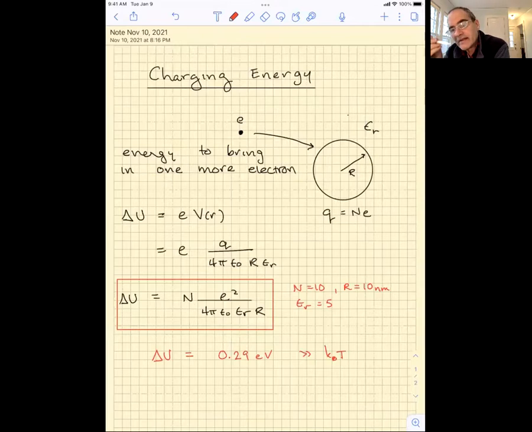So that means that the state with 10 electrons on the quantum dot and the state with 11 electrons on the quantum dot are distinct enough that they're distinct from each other even at room temperature. Electrons aren't going to just randomly fluctuate back and forth on and off of this dot because it requires too much energy. Okay?